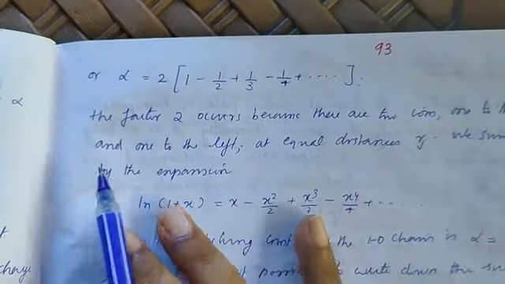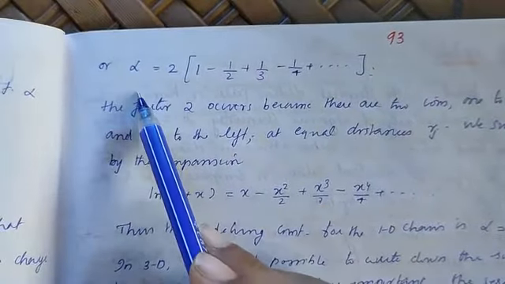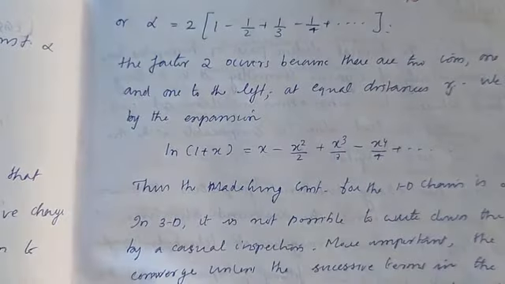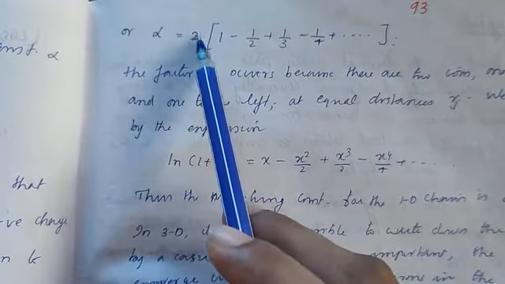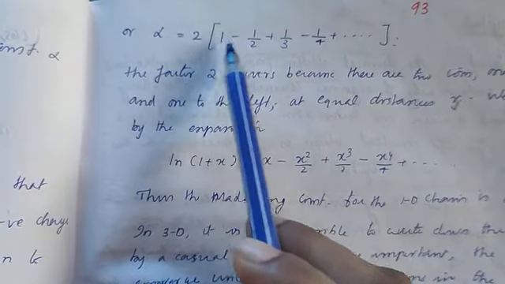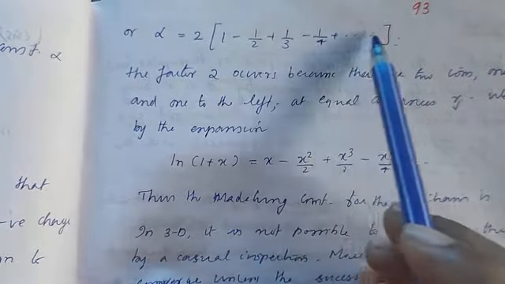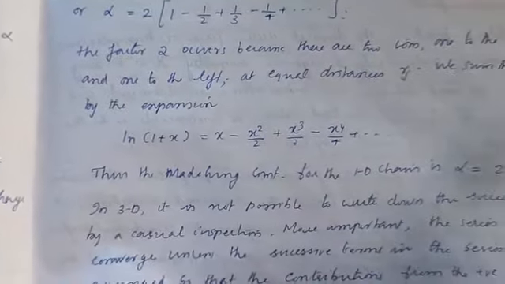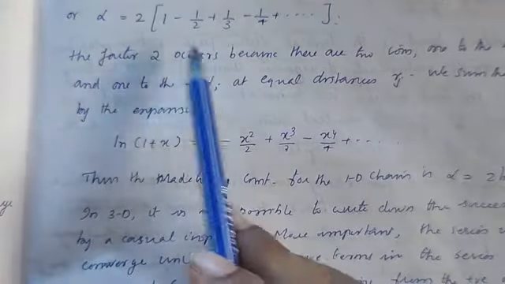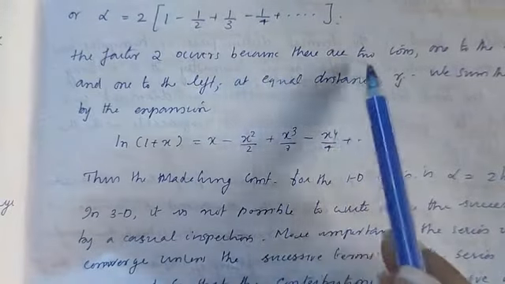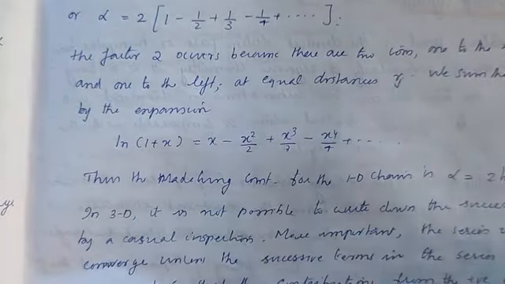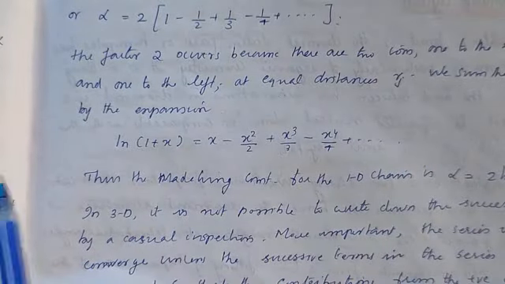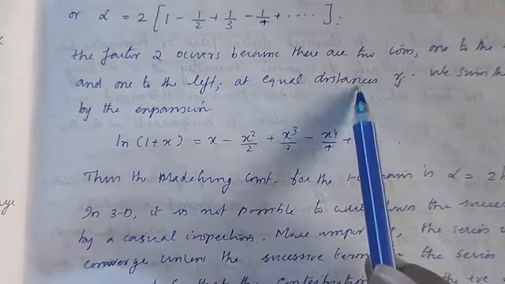And from this we can write, since r is common in the denominator on both sides, alpha is equal to 2 into 1 minus 1 by 2 plus 1 by 3 minus 1 by 4 plus etc. The factor 2 appears here because there are two ions, one to the right and one to the left, at equal distance rij. It is quite clear from this figure.